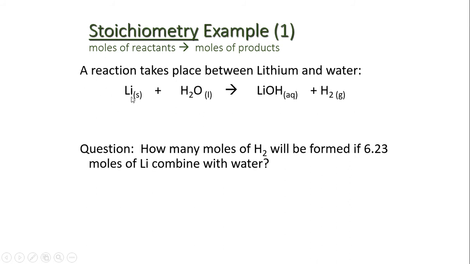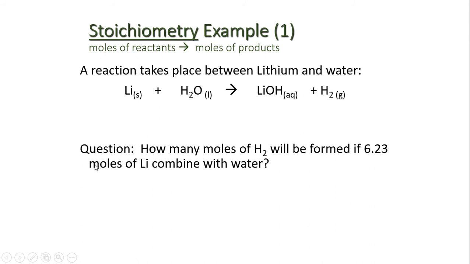Let's take a look at this equation. We have here a reaction that takes place between lithium and water. So we have lithium, which is solid, reacting with water, which is liquid, to produce lithium oxide, which is an aqueous solution, plus H2, which is a hydrogen gas.